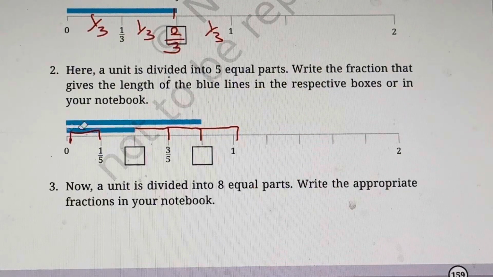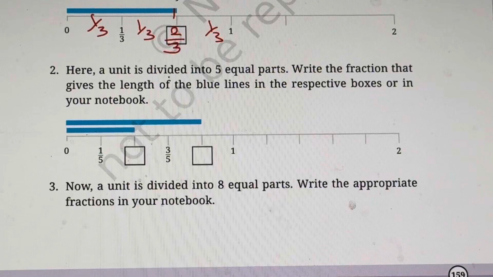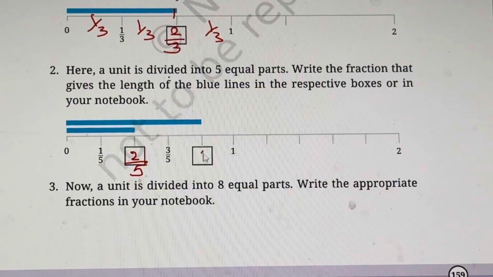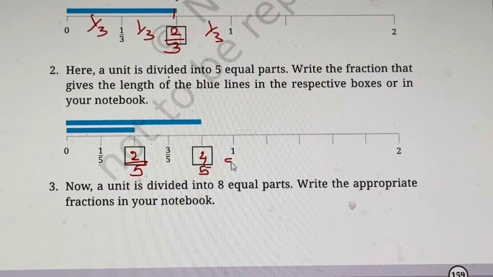So the first one is written as 1/5. So next would be naturally 2/5, then 3/5, then comes 4/5 because each is 1/5. And this one you can even write as 5/5. So when you strike off 5/5, it becomes equal to 1, right?